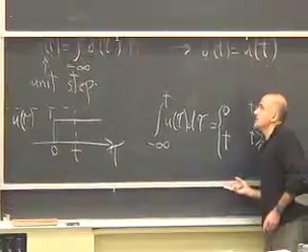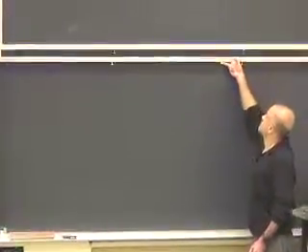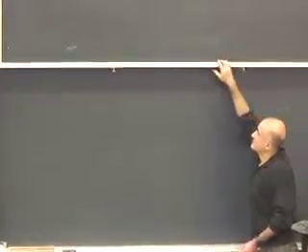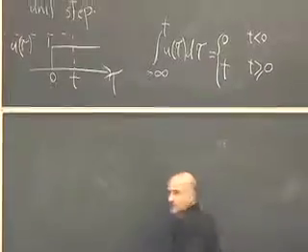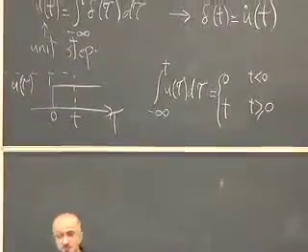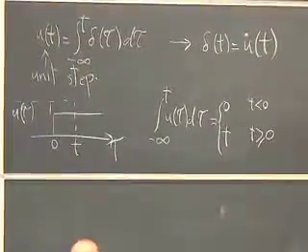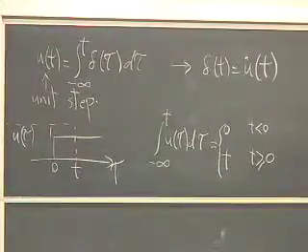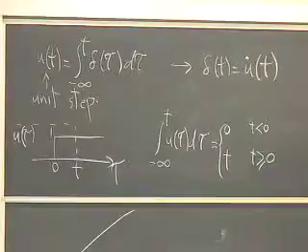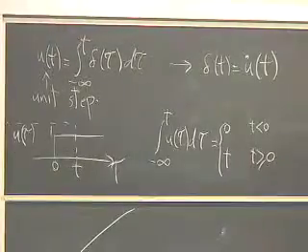And what does this function look like? Ramp. That's exactly what it is. So a ramp that starts at 0.